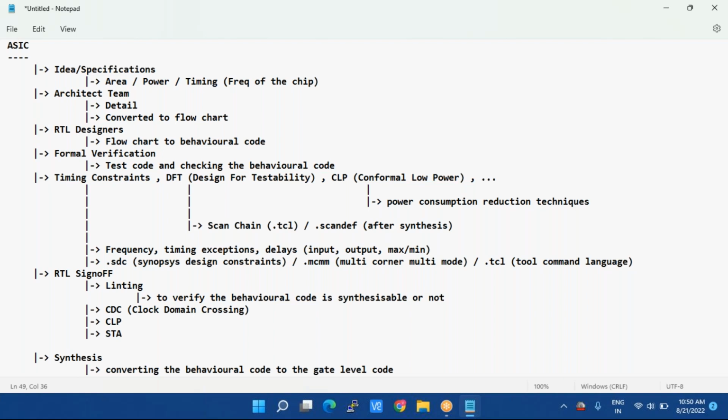Whether the data communication between the different clocks is proper or not, in CDC they will verify that. Whether the data passing from one clock domain to another clock domain is proper or not will be cross-checked in the CDC team.